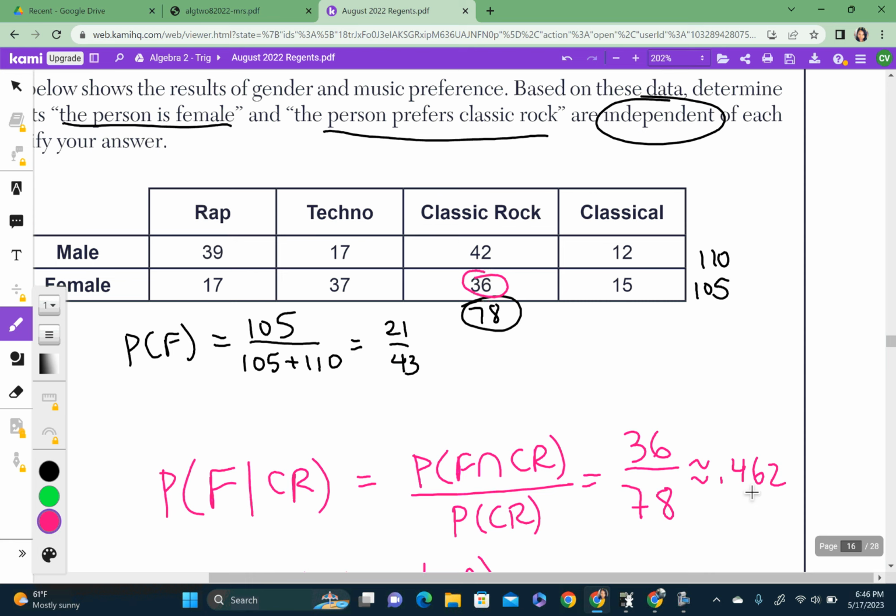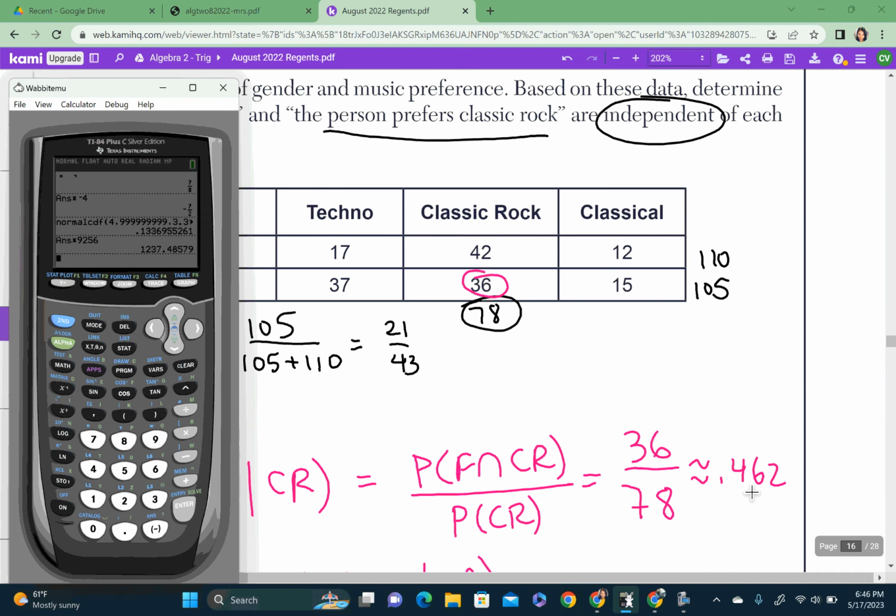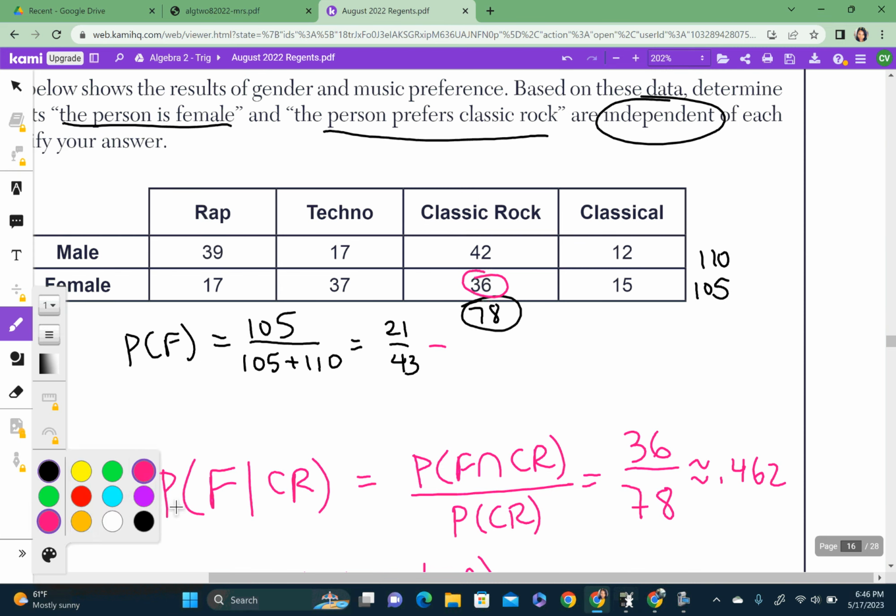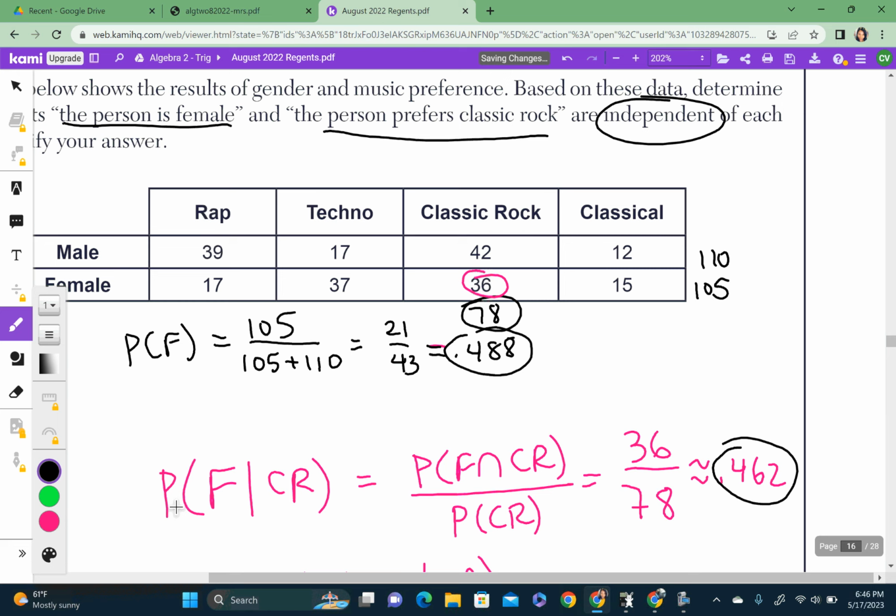Classic rock. What is the total number of classic rock? 78. That's why I put this on the bottom. Let me take my calculator. I already divided that one, but 21 divided by 43 is 0.488. And I want to check, are this number and this number the same or different?